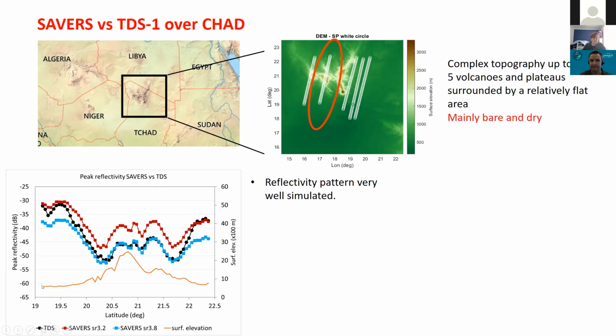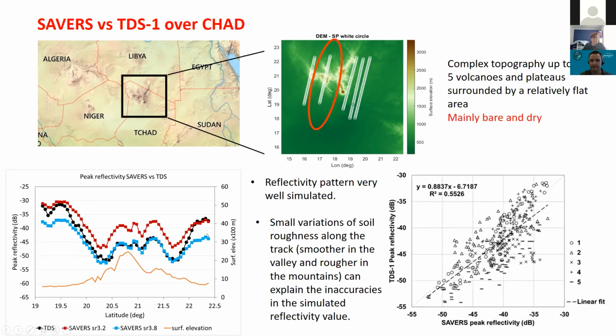The data collected in the valley are reproduced better by simulations with a smaller roughness. On the contrary, the data acquired over the mountains are better simulated by a higher small scale roughness.